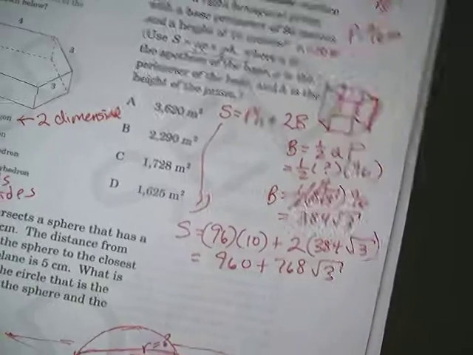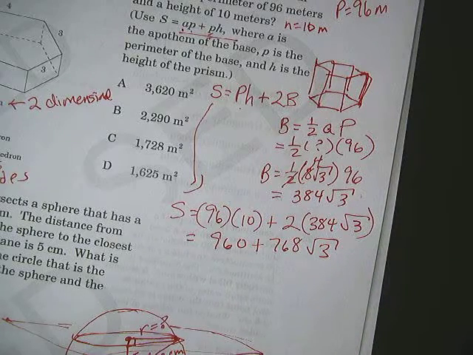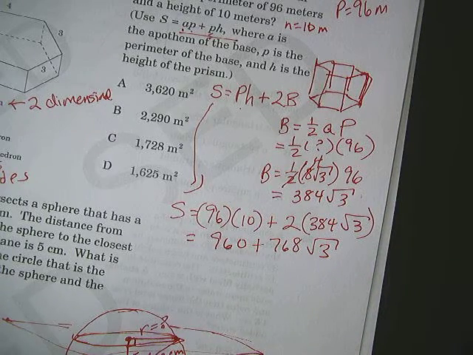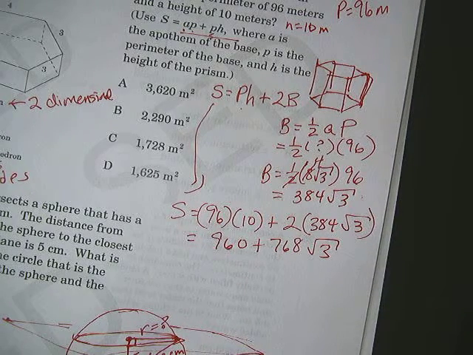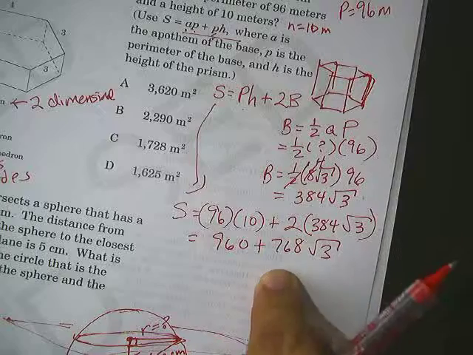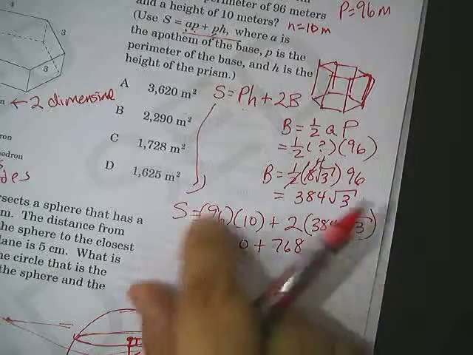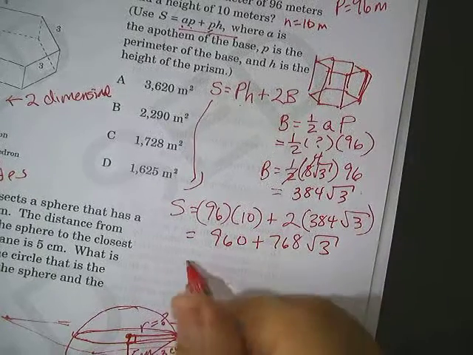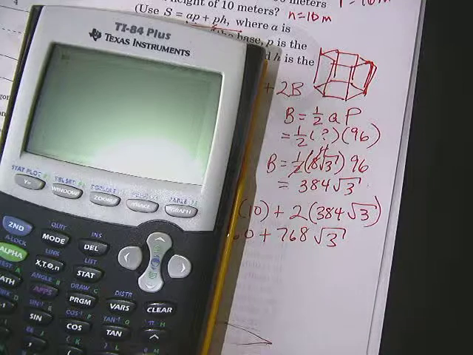Now, the mistake I've seen some kids make is to add the 960 plus the 768 and then say my answer is 1728 square root of 3. No, you cannot do that. I have 768 square roots of 3 here. I don't have any square roots of 3 there. I have 1s, 960 1s.